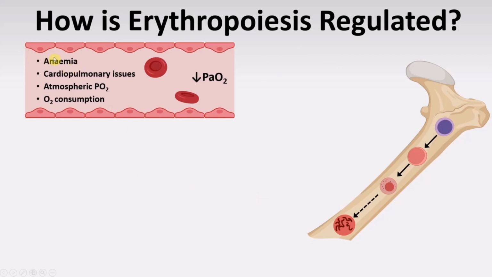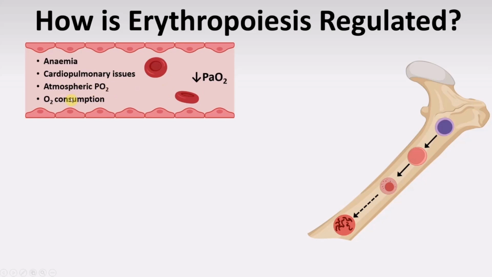For example, in patients with anemia, right, when there's insufficient oxygen delivery capacity, that will affect oxygen partial pressure in the blood as well. Those with cardiopulmonary conditions, for example, will have oxygen supply being affected, which will also affect PaO2 too.